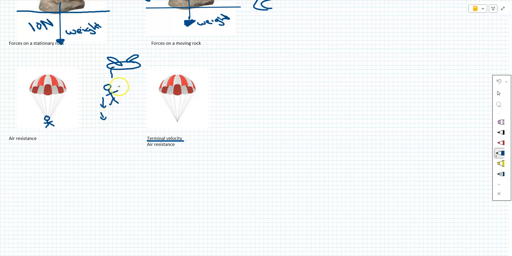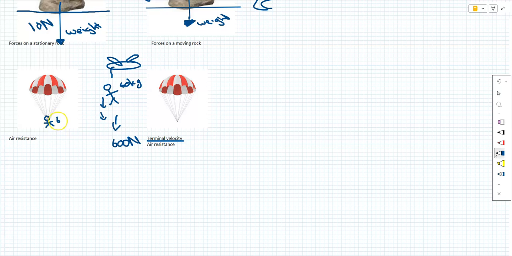Say this guy weighs about 60 kilograms. The earth would be pulling him down with 600 newtons, because that is his weight, right? And then, when he reaches a certain distance, he pulls the parachute.